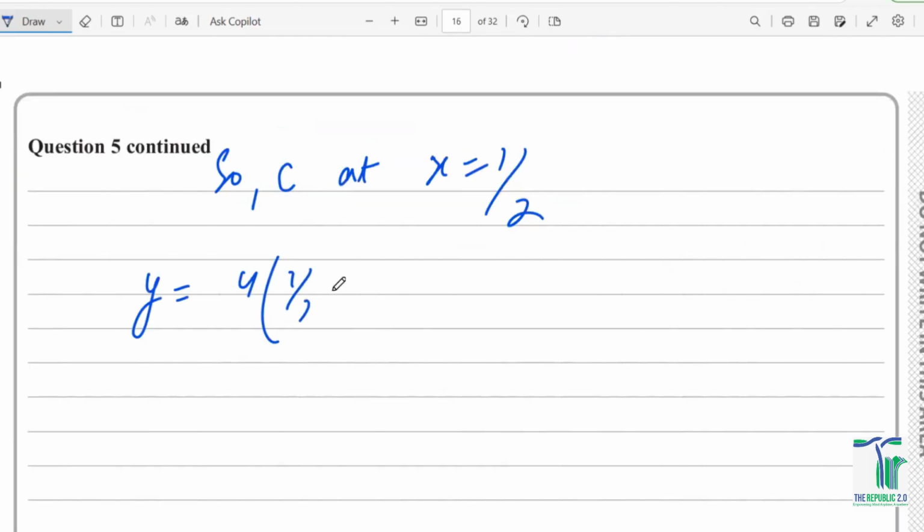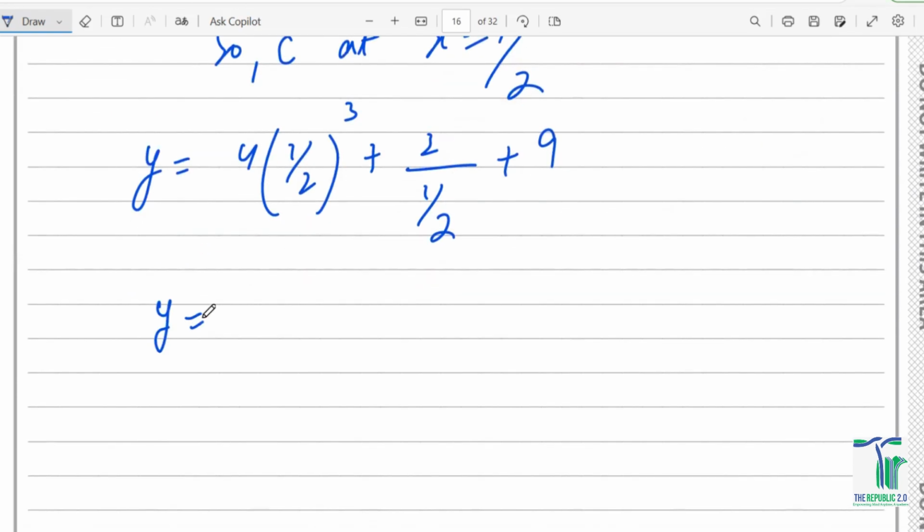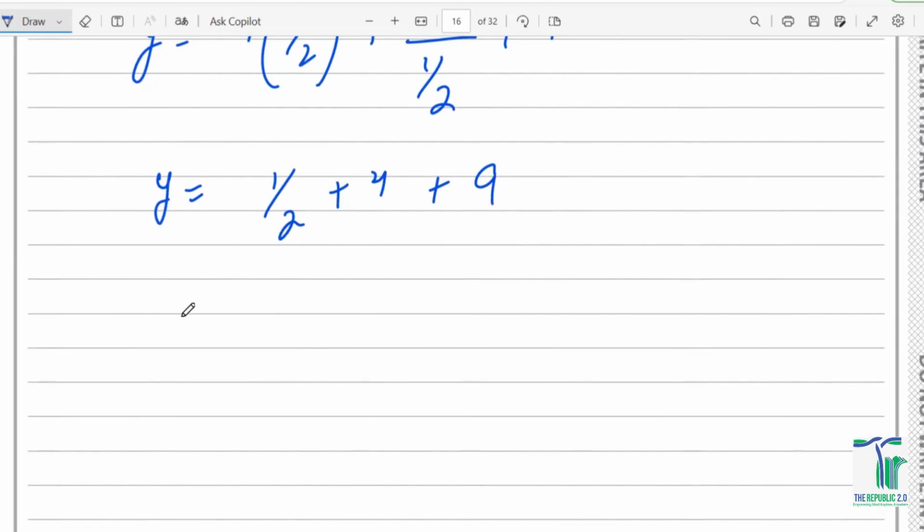So 4 times 1 by 2 cubed, plus 2 upon 1 by 2, plus 9. And by just solving it down, I would be having y is equals to 1 by 2 cubed is 1 by 8, so that should be 1 by 2 plus 4 plus 9. And by just solving it down, I would be having y is equals to 27 by 2.